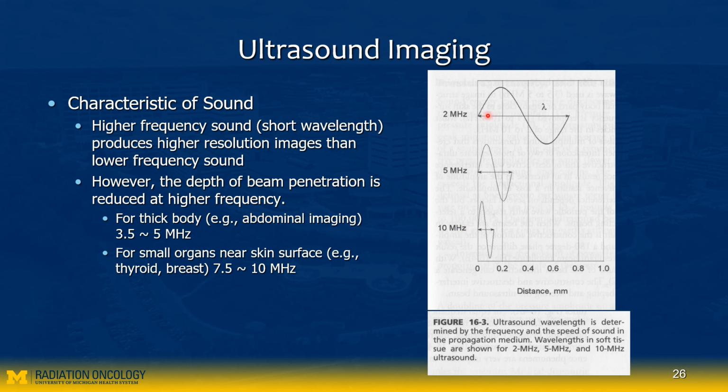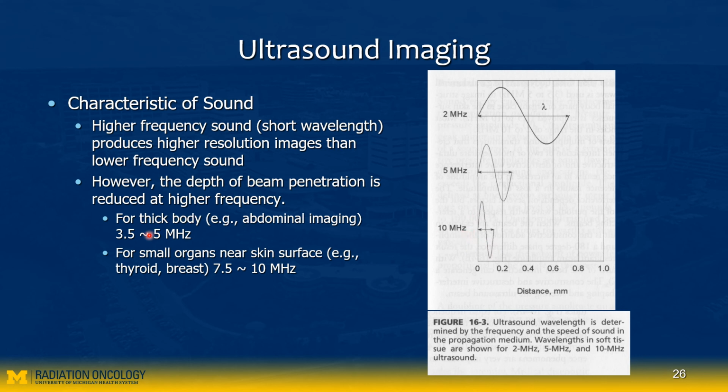One wavelength is a lot longer for 2 megahertz compared to 10 megahertz. So higher frequency 10 megahertz has a shorter wavelength, and that typically creates a high resolution image. However, the depth of beam penetration is significantly reduced for high frequency ultrasound.